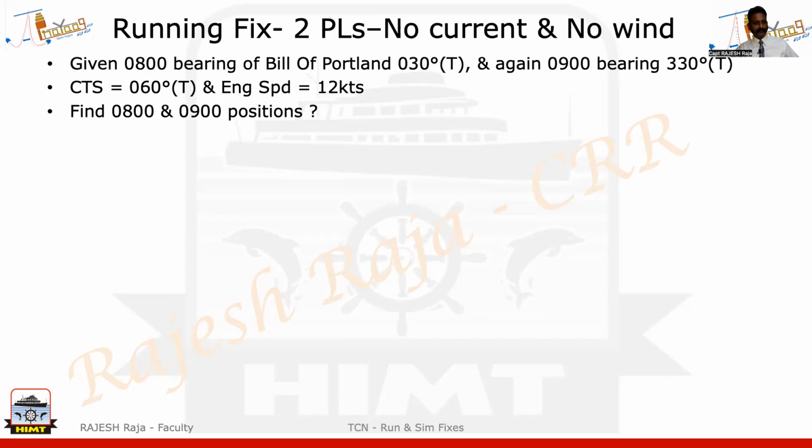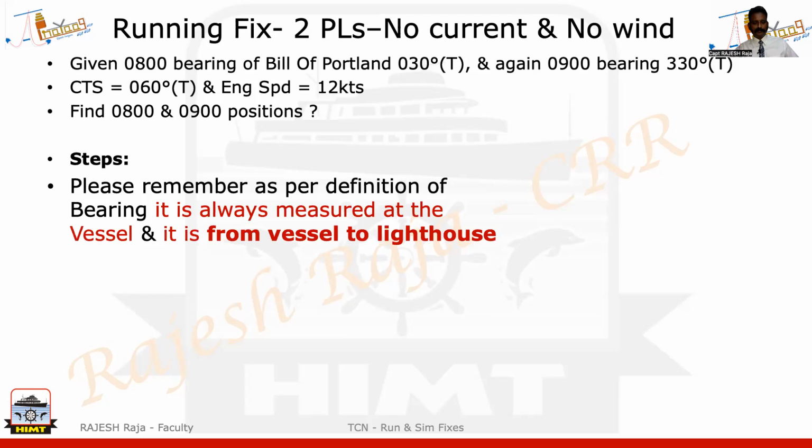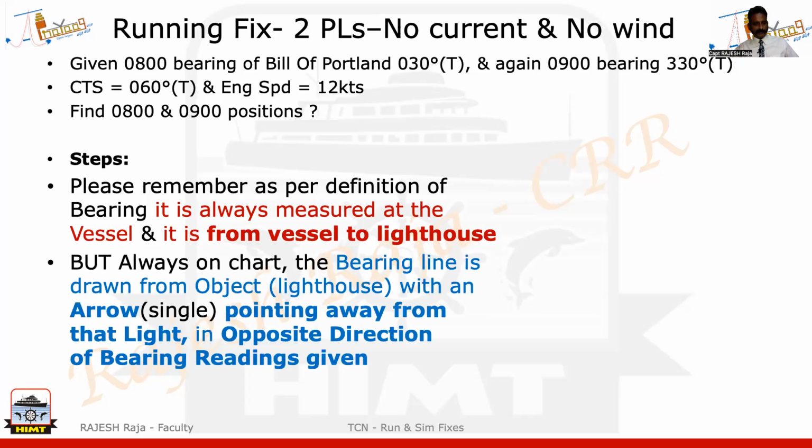Let us quickly look into the concept. Before I start, a word of caution. Remember, bearings are always measured at the vessel, from you to that object. Your object is your lighthouse, which is Bill of Portland. But when you go to the chart, the chart is empty.